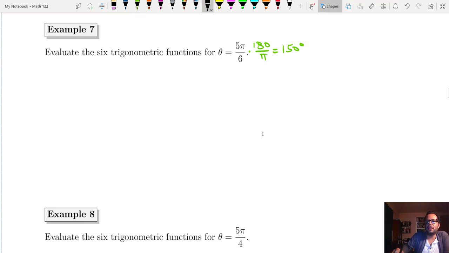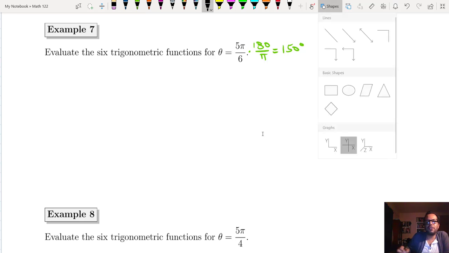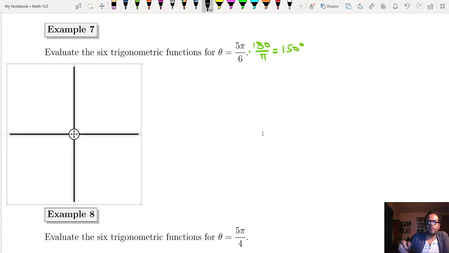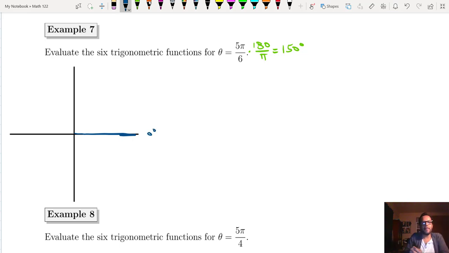Okay, so let me draw another Cartesian plane here. All right. So in this case, this is what I will do. This is our initial side, that's 0 degrees, and we are going to move the ray 150 degrees, right?